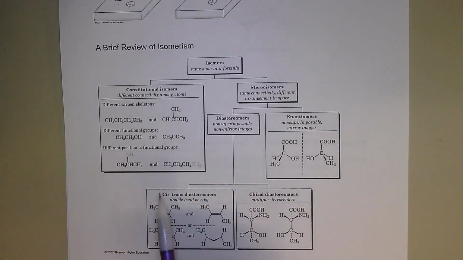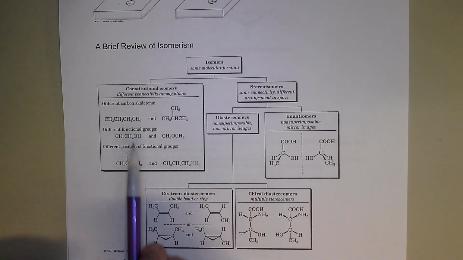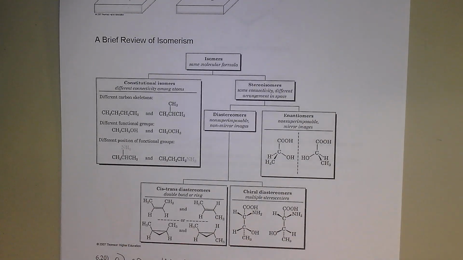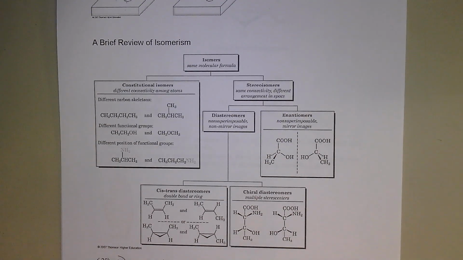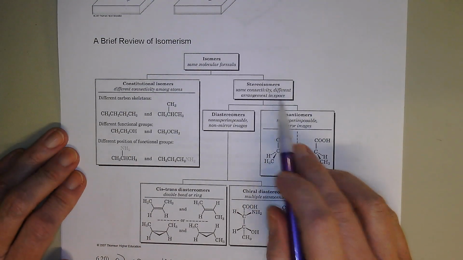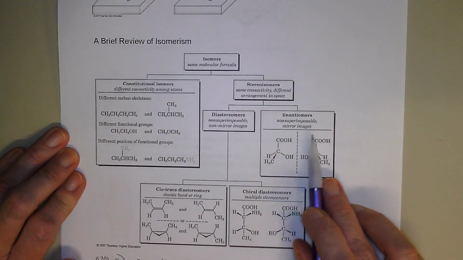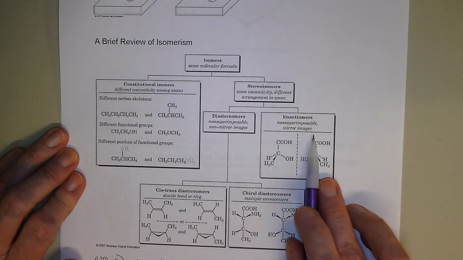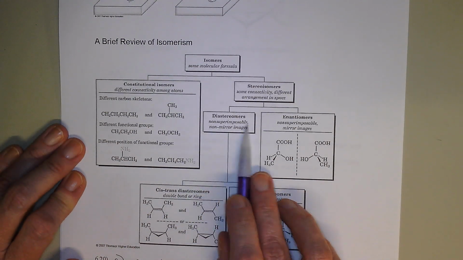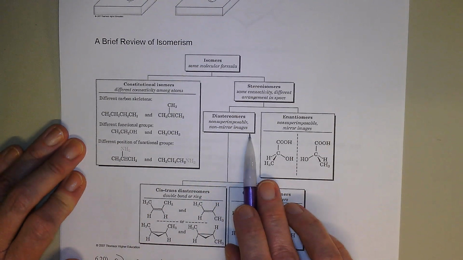Then, of course, you have your review of different types of isomers. Constitutional isomers are what we've already done in the past. That's where you have the same or similar formulas but a completely different arrangement of atoms, so you have completely different properties. Then you have stereoisomers. Enantiomers are non-superimposable mirror images, and they are chiral. Diastereoisomers are non-superimposable and are not mirror images.